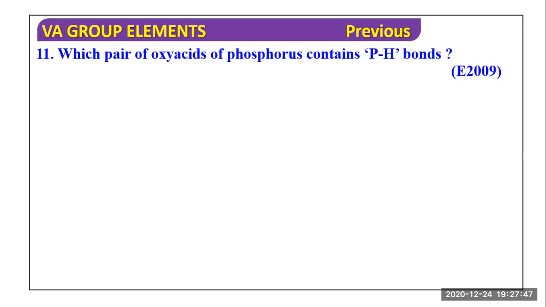Which pair of oxyacids of phosphorus contains P-H bonds? Is it H3PO4 and H3PO3?